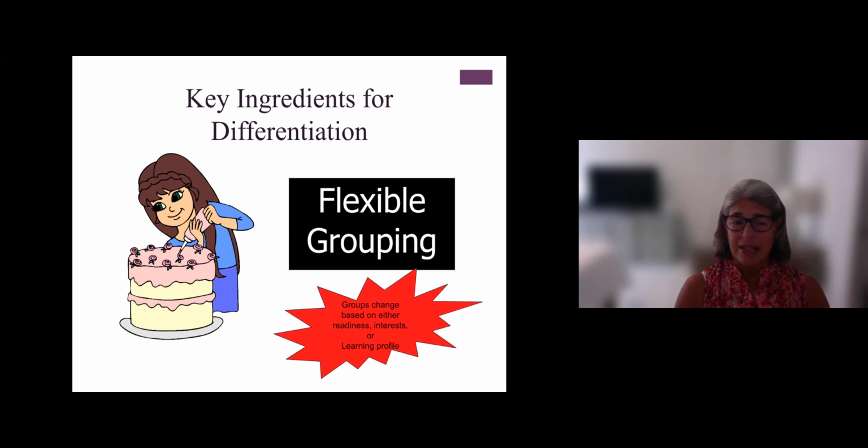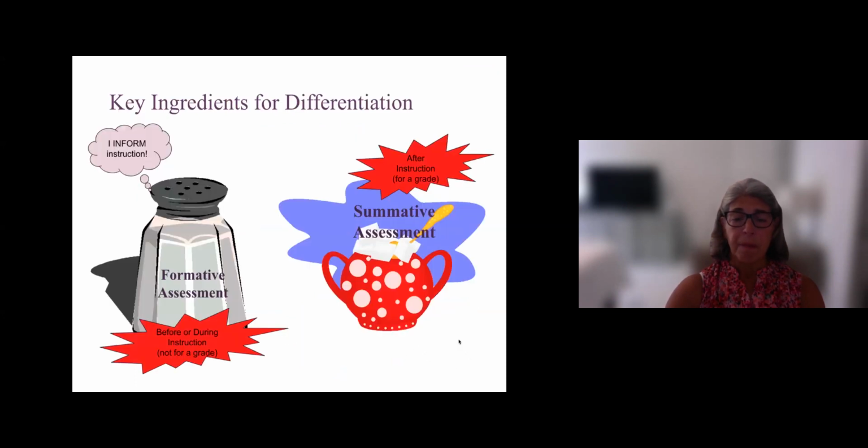I just do it in a different way, and students get mixed up, and no student then gets a feeling like I'm always in the low group, because that's one of the disadvantages of tracking students, and that's grouping students by low, medium, and high, and always keeping them in the same group. That is not what differentiation is. Differentiation is flexible grouping depending on the activity and how the teacher decides to group the students.